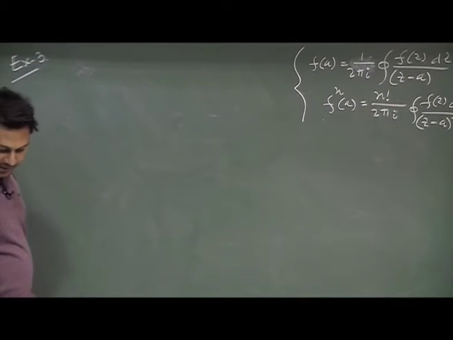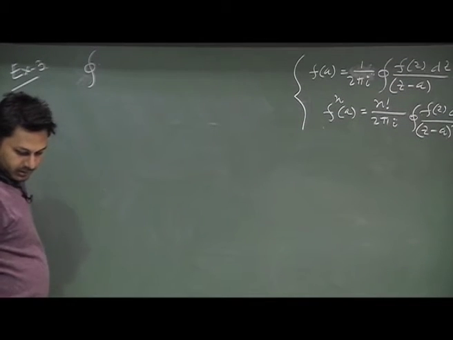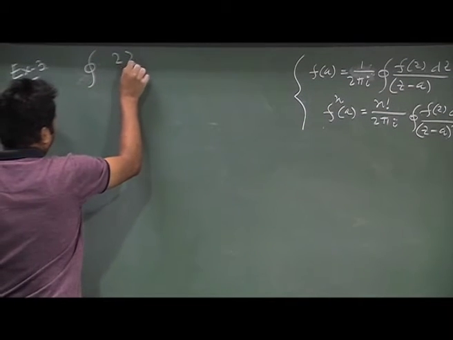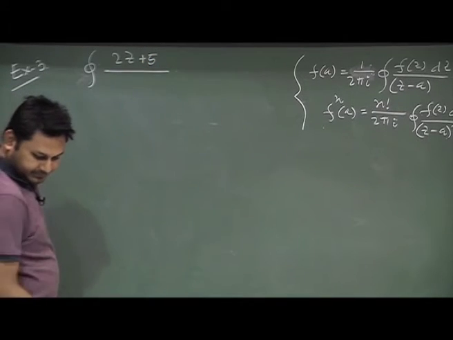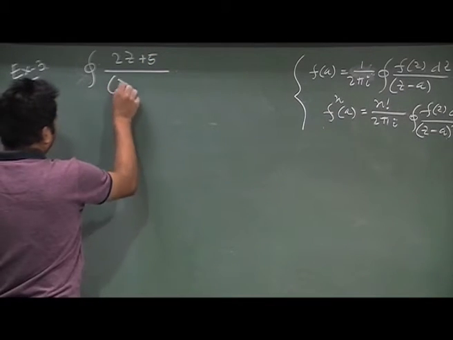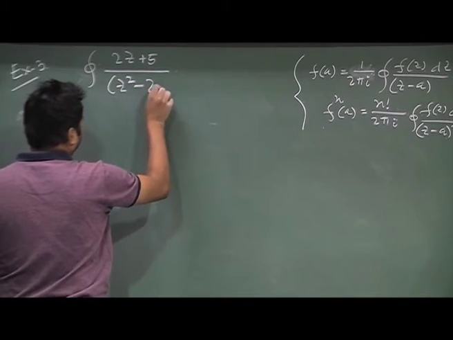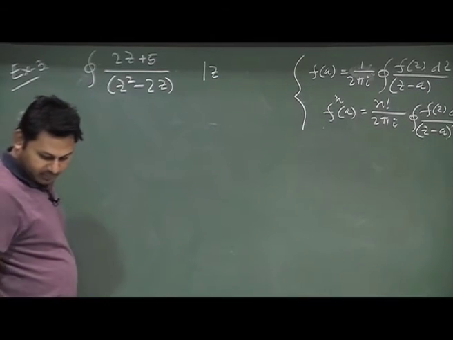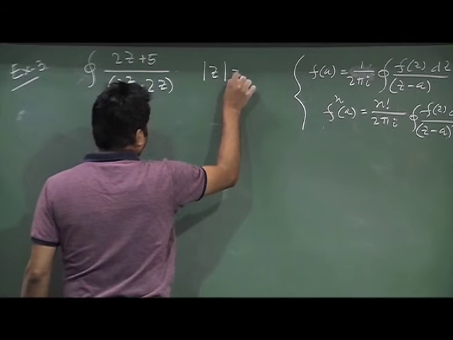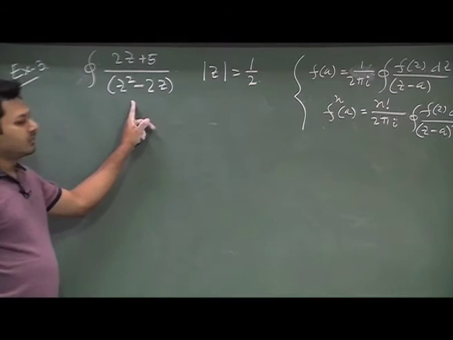Example 3: the function is given as 2z plus 5 divided by z square minus 2z, and the region that is given is mod of z equal to half.